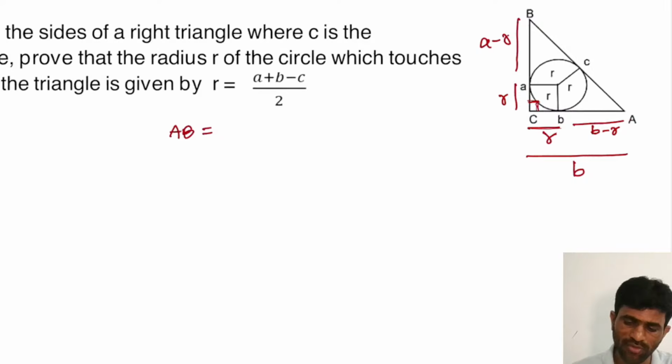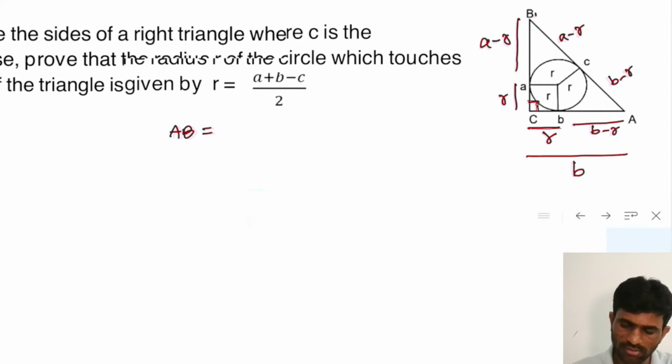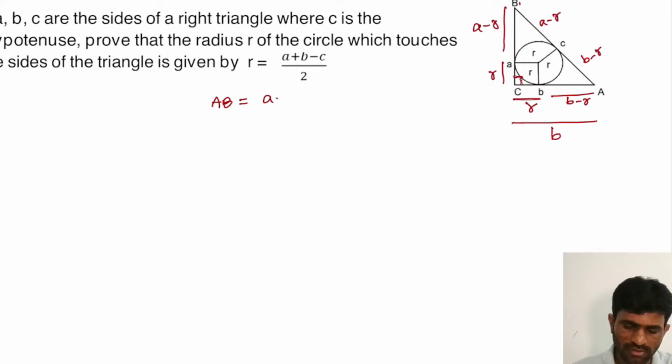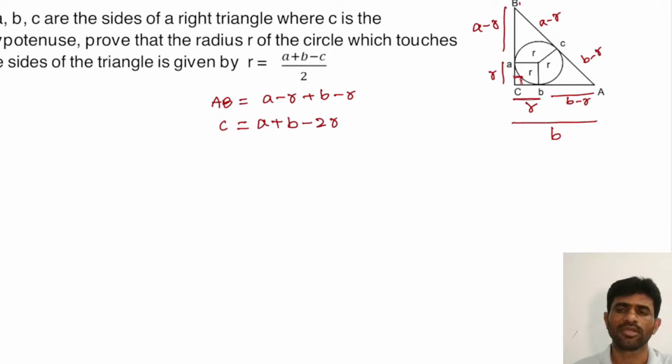Because from an external point the lengths of the tangents are equal, we know this BC from here to here it is A minus R, and from here to here it is going to be B minus R. So we know AB is equal to A minus R plus B minus R. But what is AB here? C. C is equal to A plus B minus 2R.